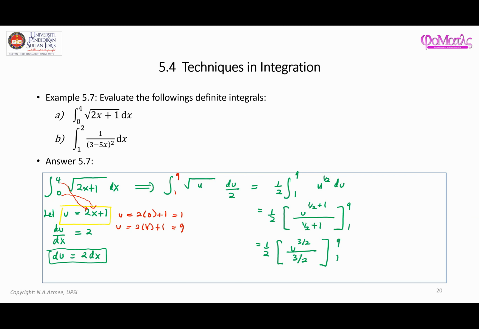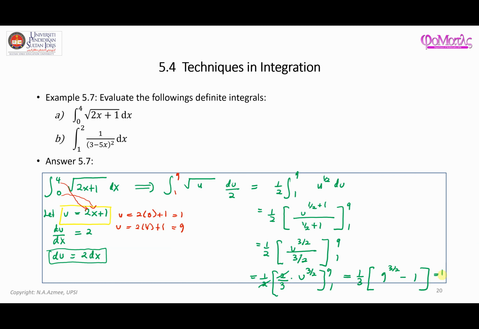This can be simplified as 1 over 2 times 2 over 3 times u to the 3 over 2, evaluated at 9 and 1, where you can cancel this out. Next you have 1 over 3 times 9 to the 3 over 2 minus 1.